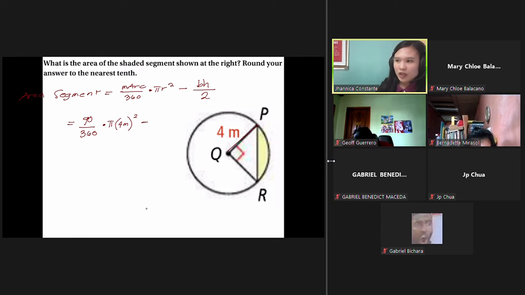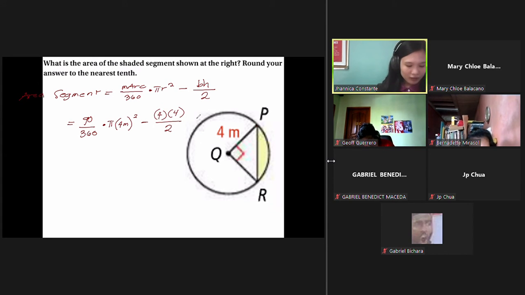Kapag right triangle ang nasa circle, it's the same measurement with the radius in the given circle. So your base and your height is also 4 meters. So your base is 4 and your height is also 4, divided by 2. So we already changed all the values in the formula that we have for the area of segment. So we can now perform the operation.